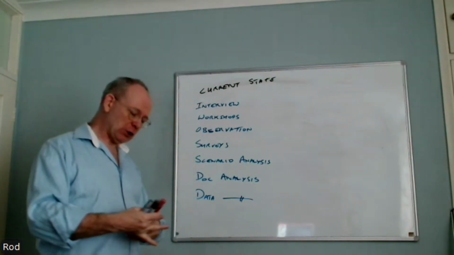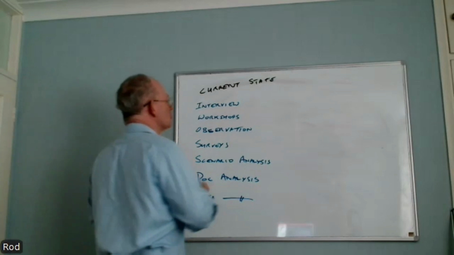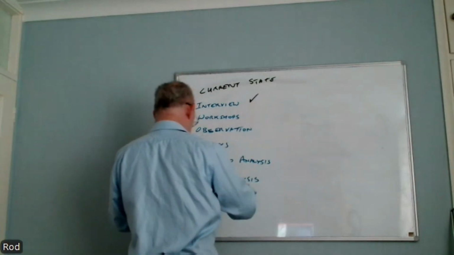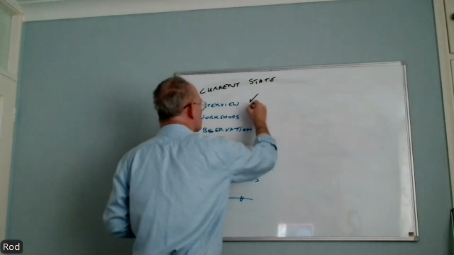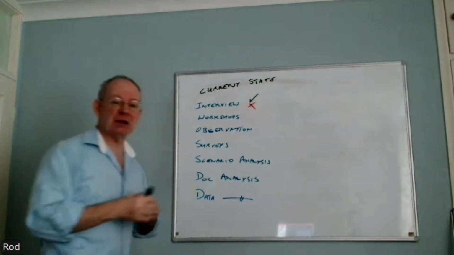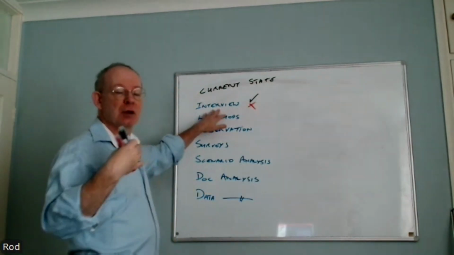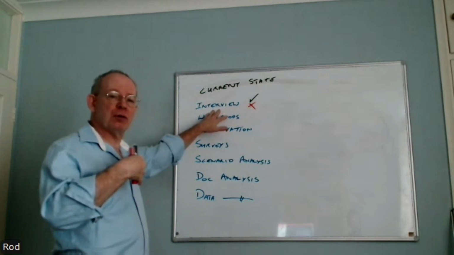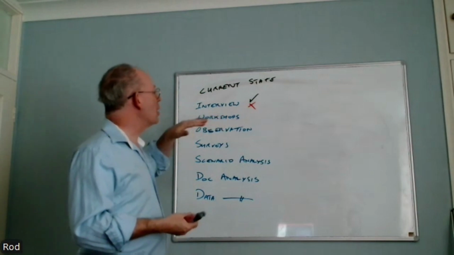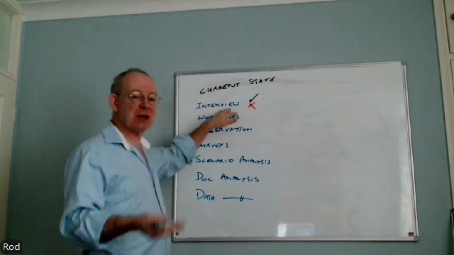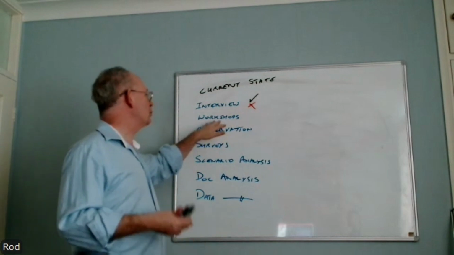We need to know what are both the pros and the cons for each of these. So the interviews, good for gaining rapport, good for getting at detailed information, bad because it takes time getting one person's point of view.